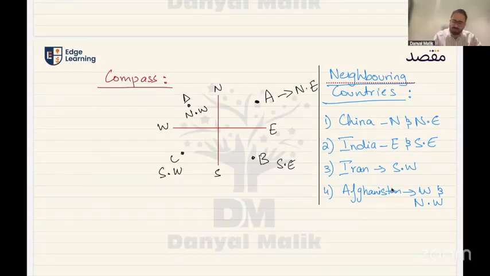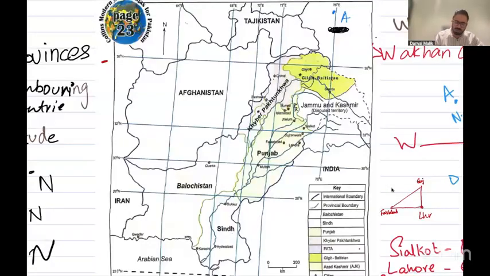Now, for example, if I tell you, let's suppose the question says name the country B, right? Now you will automatically see which country B is. Country B is on which side of Pakistan? You will use the compass to figure it out.